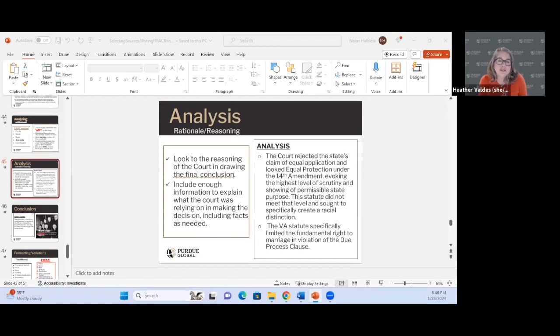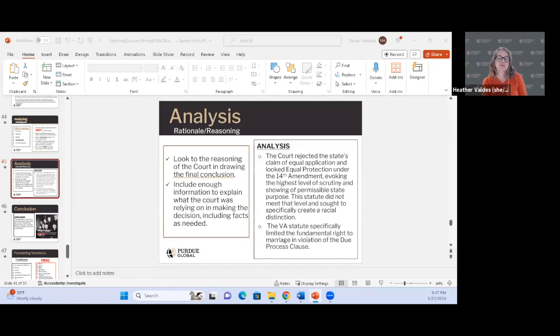Sometimes the court will even expressly tell you the rule. Sometimes the court will expressly tell you the issue. And when they do that, it's always a wonderful day because it's very easy then to fill in that portion of the brief. And sometimes you'll have to devise it. But there is no set right or wrong way to do it.